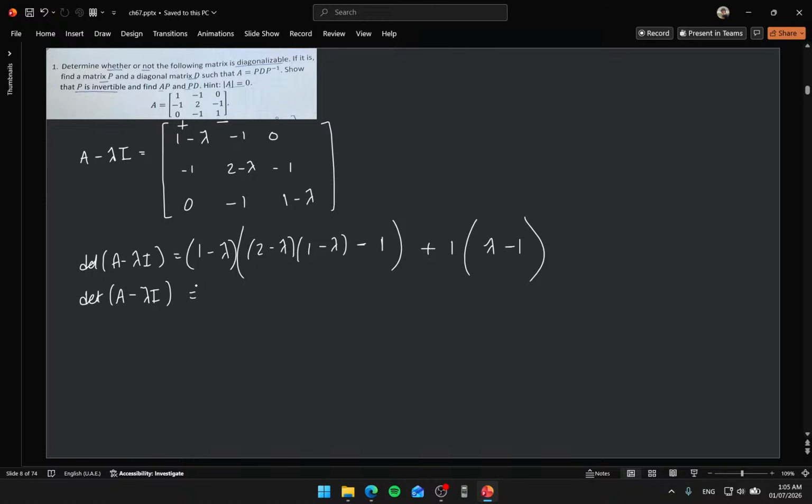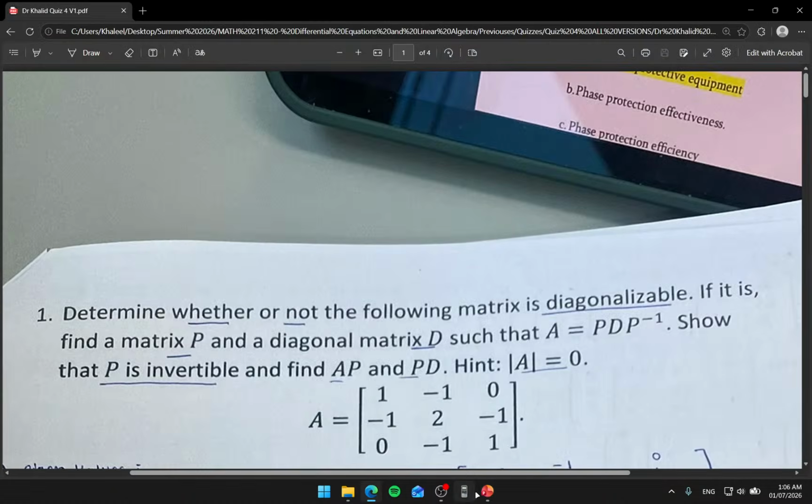Where's my calculator? A second. Did someone take my calculator, or did I lose it? Where is it? Not the time. This is my calculator. Okay, not a problem. I can use this.